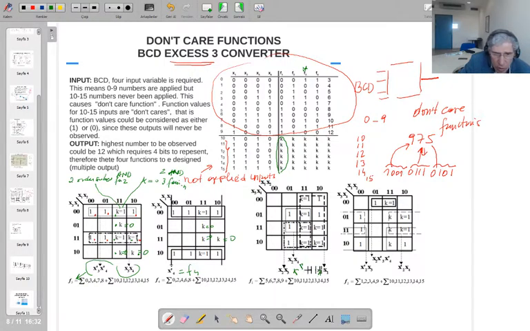The summation of those 3 gives me F1. In here, once again, all the k's are chosen as 1. Then there is a subcube related to this one. This is the essential prime implicant case.